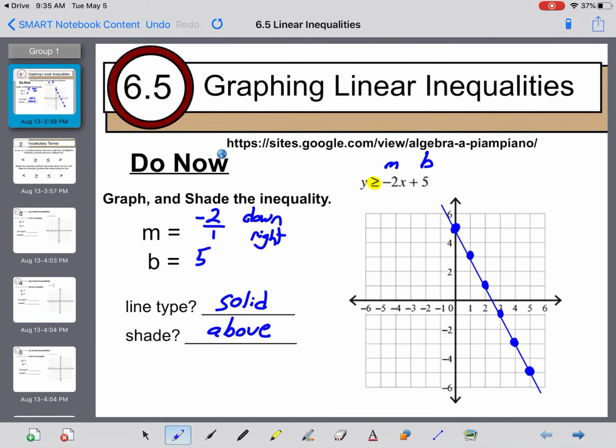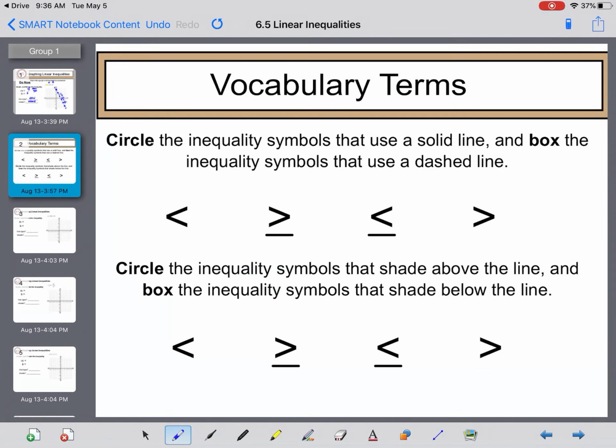There's our solid line. And I'm going to put my arrows on the end. Y is greater than or equal to negative 2x plus 5. Remember, when I'm plotting points or creating the line itself, feel free to pause the video so you can stay on pace with me.